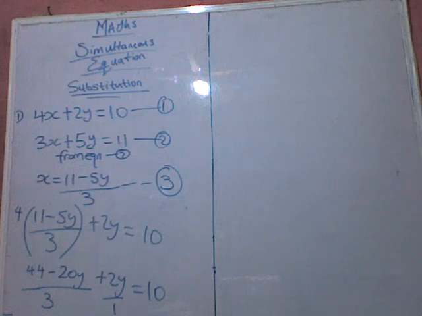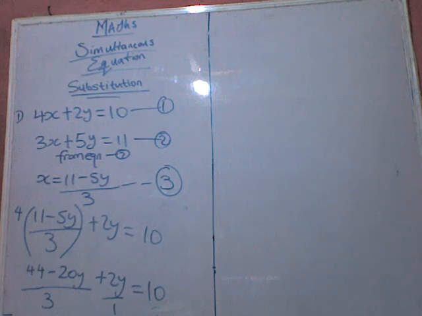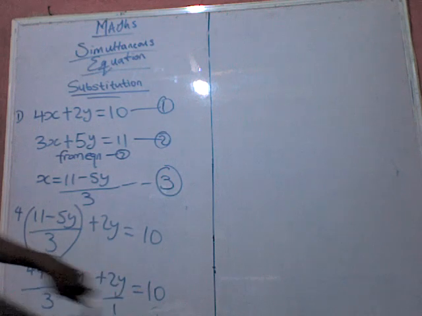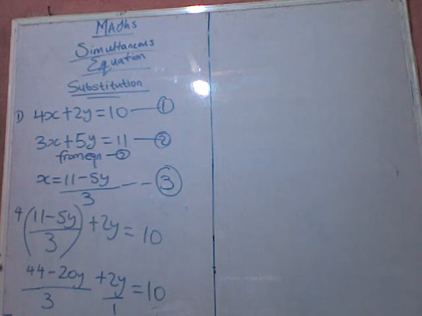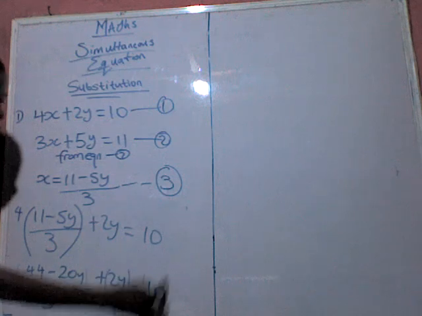So the LCM is 3, because 3 times 1 is 3, and this one is having 1. So you just use 3. We use 3 to multiply every set of numbers or letters. So we use 3 to multiply these guys, we use 3 to multiply these guys, and we use 3 to multiply these guys.